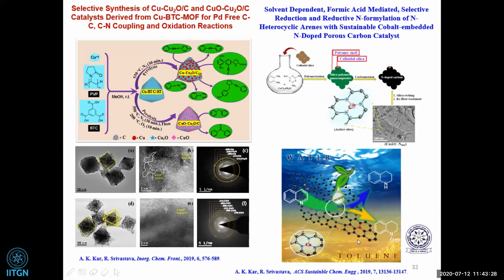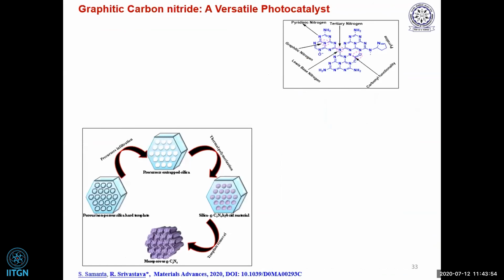If you use toluene, then you will get H2O plus CO, so then you can do both. In this case, we selectively got only reduction in the case of water, but in the case of toluene we got the selective reductive formylation. So this is how you can do selective catalysis by employing very green formic acid as a reducing agent as well as the carbon releasing agent.